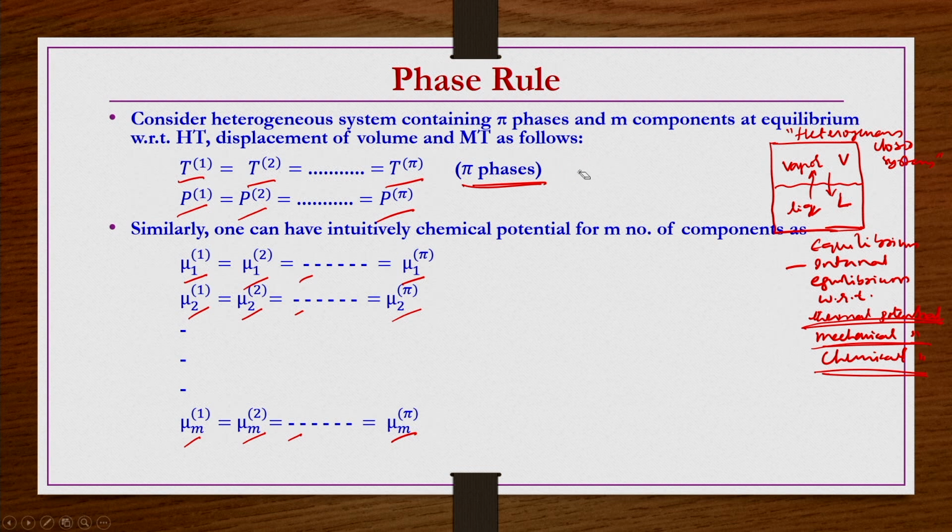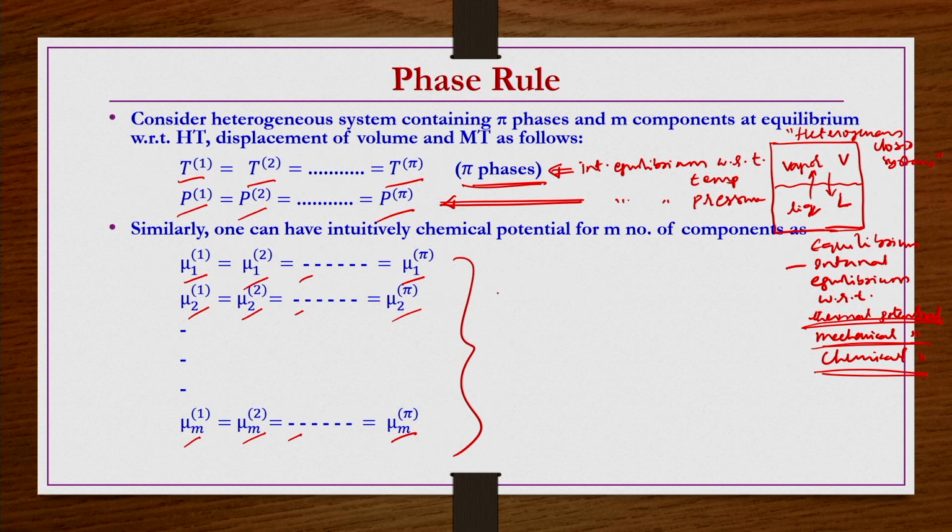So, the first relation says the system is in internal equilibrium with respect to temperature, and the second one says the internal equilibrium with respect to the pressure, and this relation says internal equilibrium with respect to chemical composition, or the mass transfer.